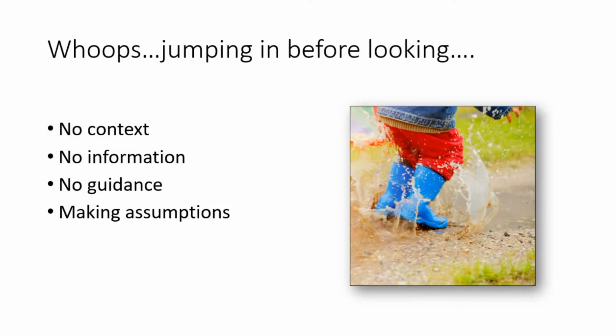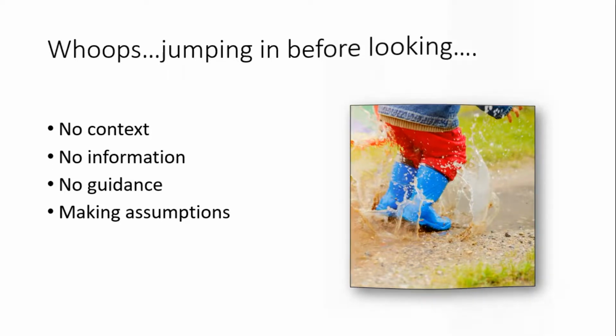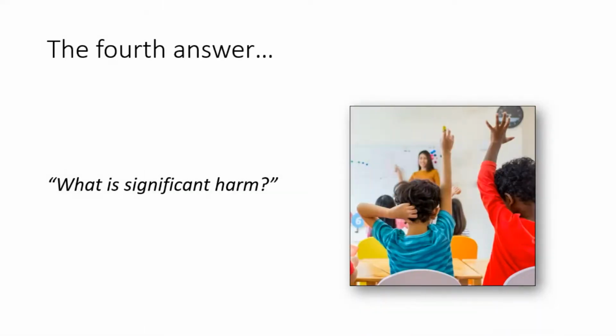We asked you to do exercise 1 without providing you with a lot of information or context, so we're making a few assumptions. We are assuming that you have an understanding of significant harm in order to understand the question. We suggested that there were 3 answers to the question, do you have concerns about significant harm? But there is a 4th answer.